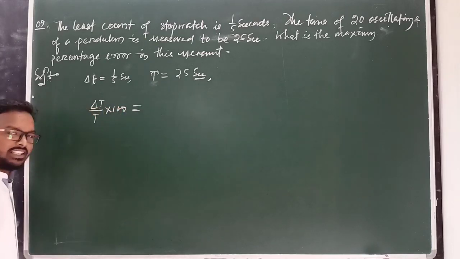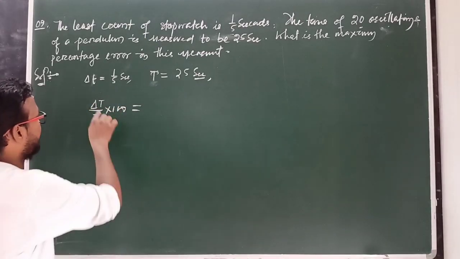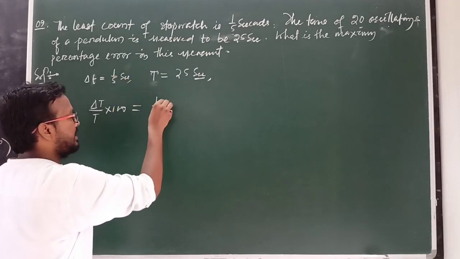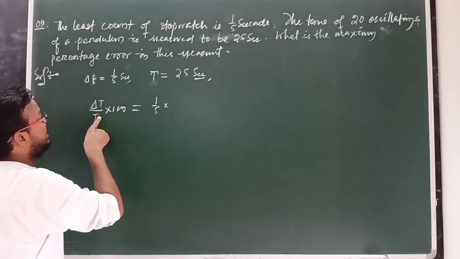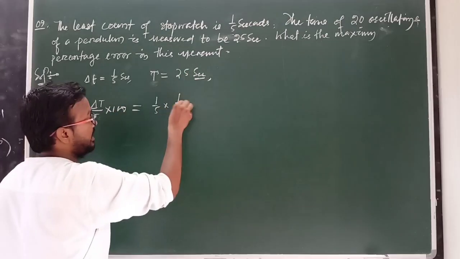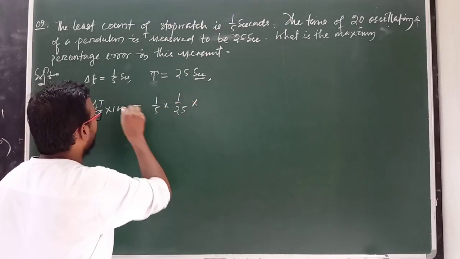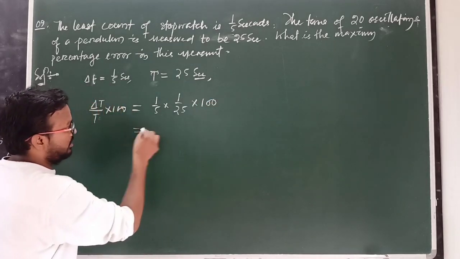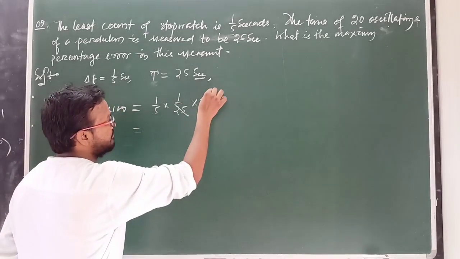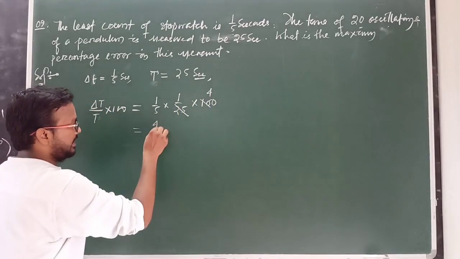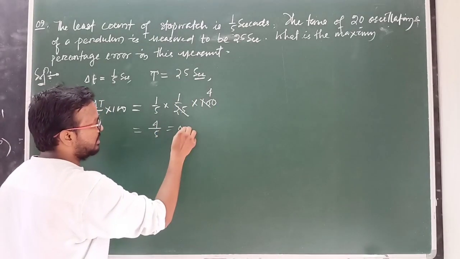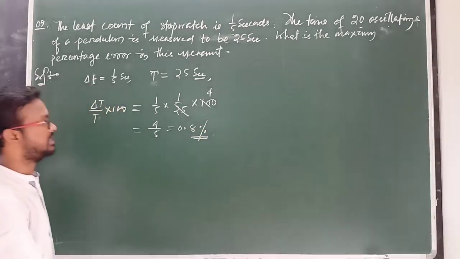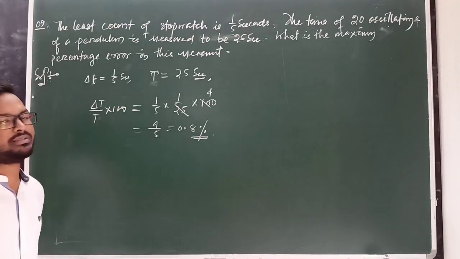So delta t is 1 by 5, into 1 by t, which is 1 by 25, into 100. Clear? So 5 into 4 is 100, then 4 by 5 which is equal to 0.8%. This is the percentage error in calculation of time period of a simple pendulum.